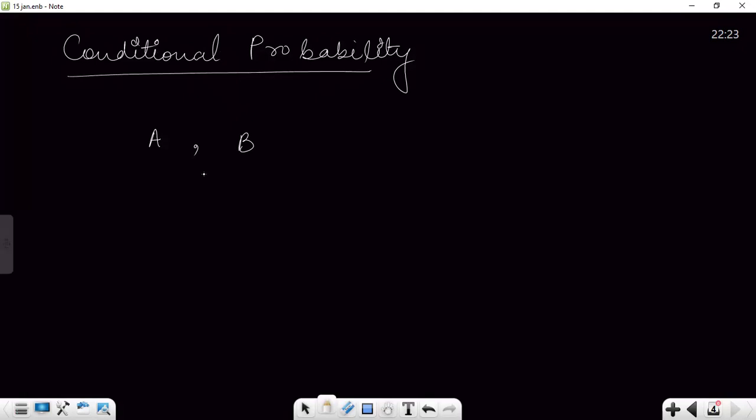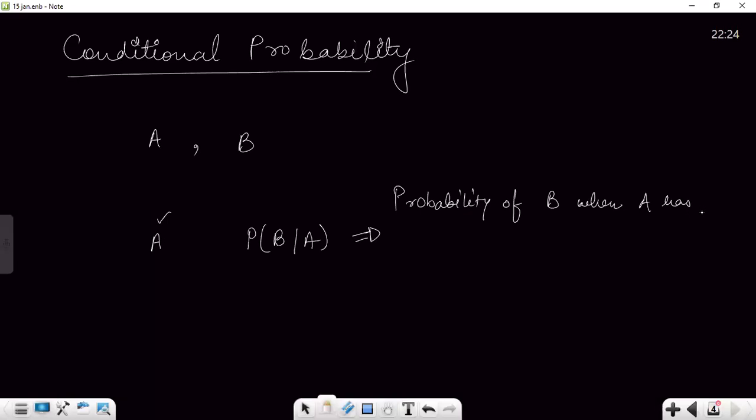They are not impossible events. If we have to find out that if A has taken place, then what are the chances of B taking place in that scenario? So probability of B when A has taken place is represented by this. This is simply the probability of event B when A has occurred.